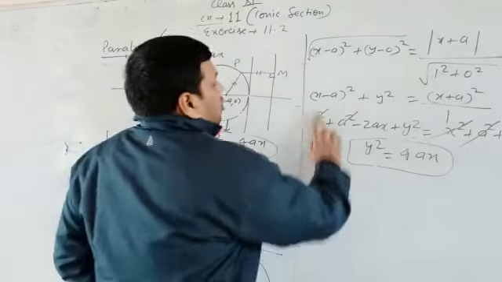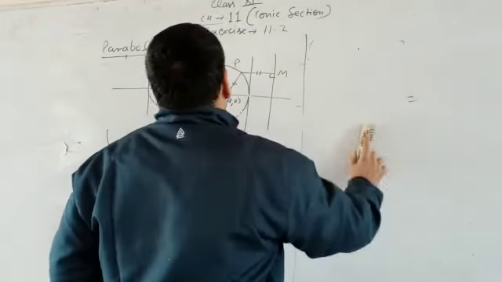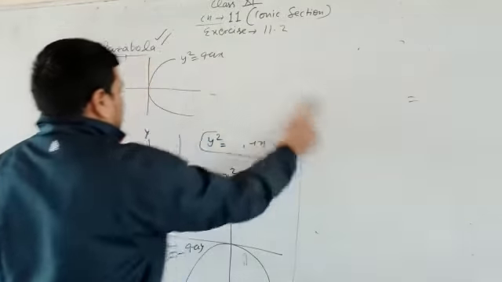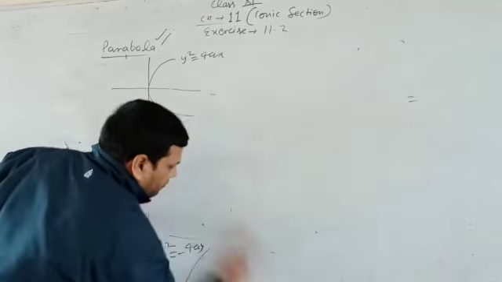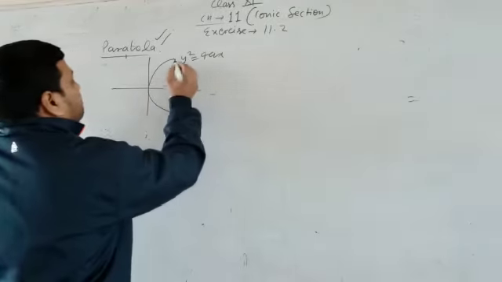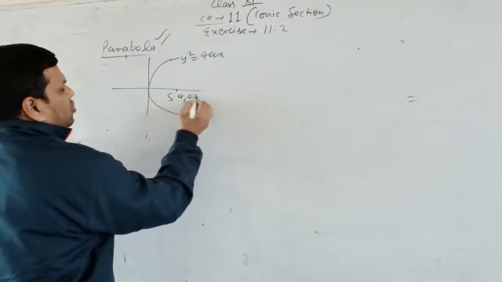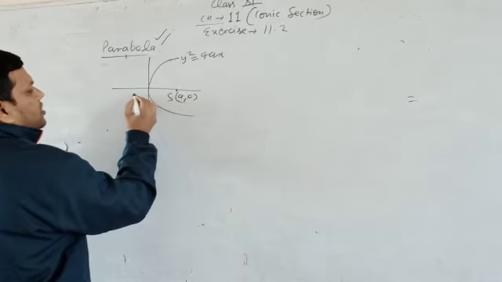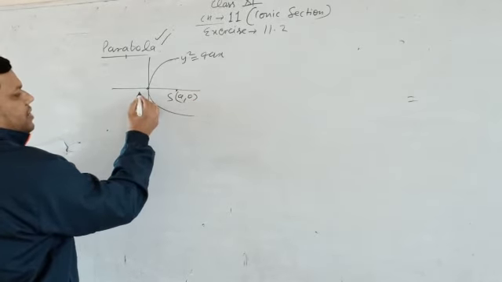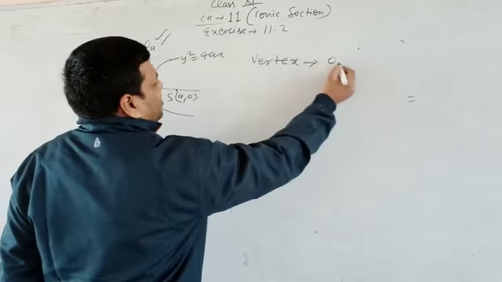Now what is to be understood about that, if you have a parabola like that, you can pause your video so that you can note this, right? Now if I am saying that this is S, that is a, 0, this is the origin, this is called the vertex, right? So what is the vertex? You can see there, the vertex is 0, 0.